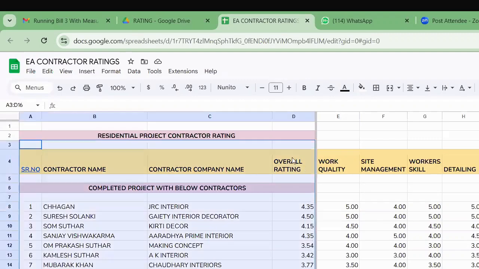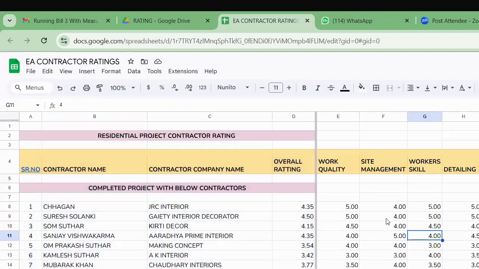These are the set of contractors, and we have given them ratings. We generally give ratings as per the quality of work they have executed on previous sites, and also while working with us.